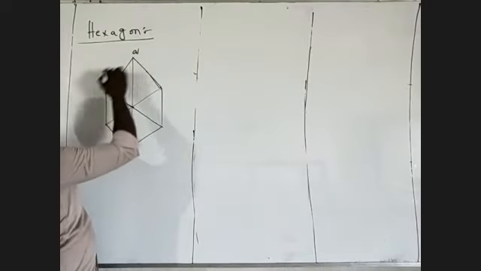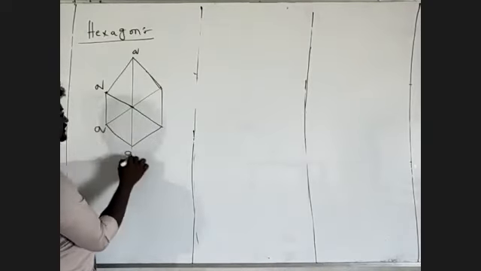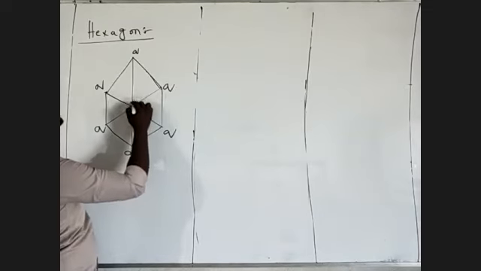Charges placed: Q here, Q here, Q here, Q here, Q here, and this is Q naught.